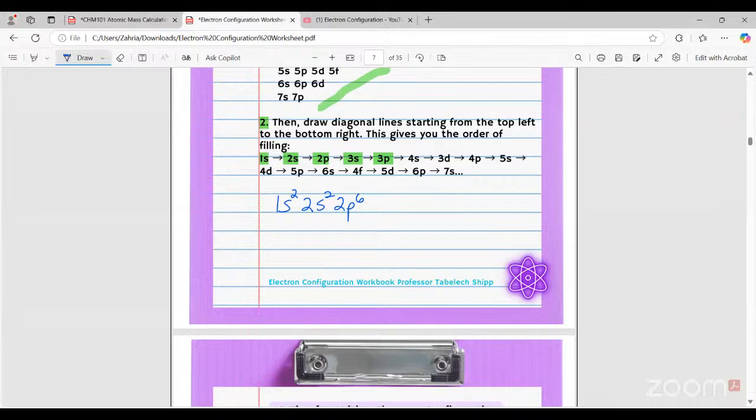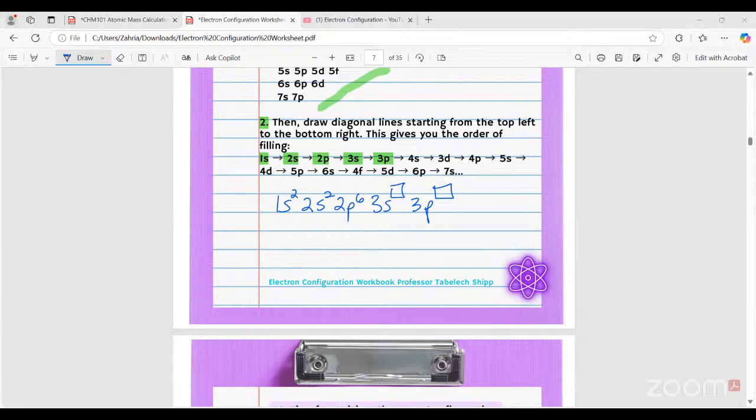S's can hold up to 2, P's can hold up to 6, D's can hold up to 10, F's can hold up to 14. So now I'm going to go to one of the third energy level groups so that you all can see exactly what I mean. Because we're going to the third energy level, that means we're going to be dealing with 3S something, 3P something. So keep this in mind. Now, I'm going to go back to my periodic table so you all can see this. Here's the periodic table right here.